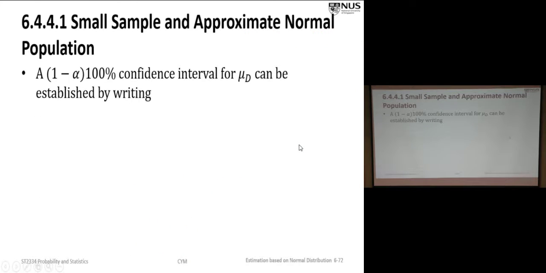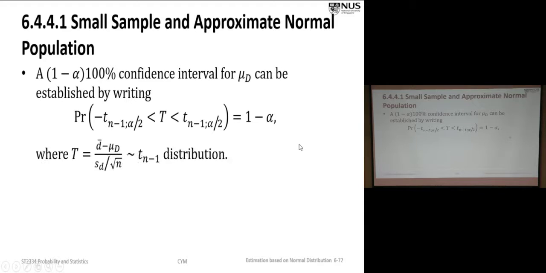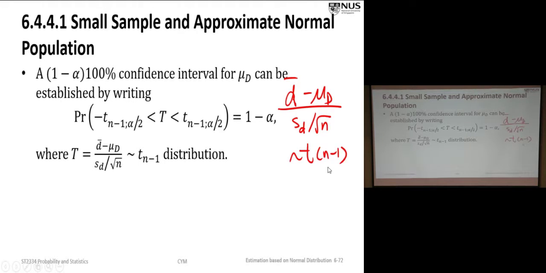So the confidence interval will be based on the average minus its expectation, divided by the standard error, which is SD over root n. So this follows a t distribution with n minus 1 degrees of freedom. It's nothing, we just replace the individual Xi, Yi by Di. So it's just like one population, one sample case. This is exactly what we did in the one sample case.